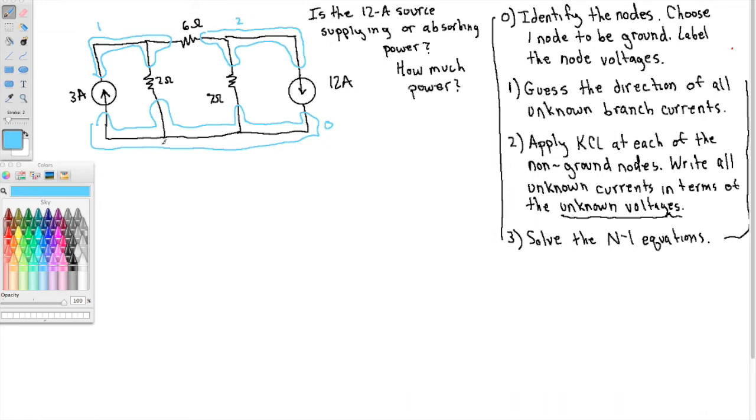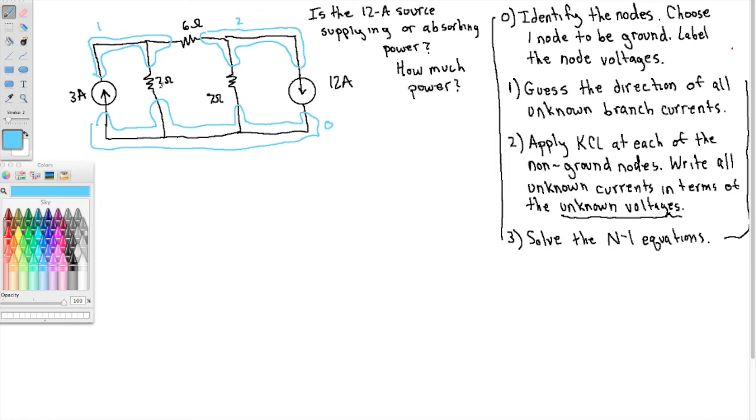None of those resistors are in parallel with one another. That is, they don't have the same 2 nodes. Also, we didn't address this in the first example, but none of them are in series either. To be in series, you have to exclusively share a node. So, for example, the 6 ohm resistor and the 7 ohm resistor share node 2, but not exclusively, because the 12 amp source also shares that node.